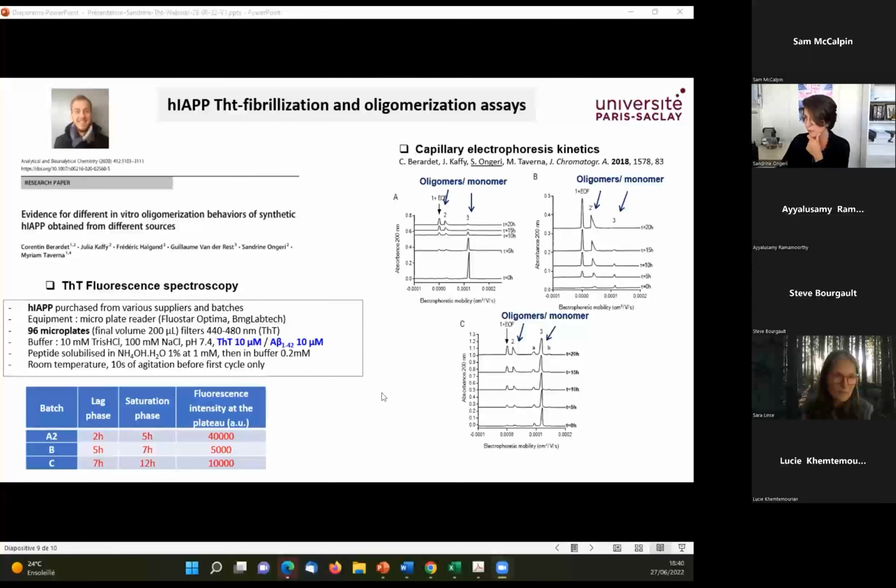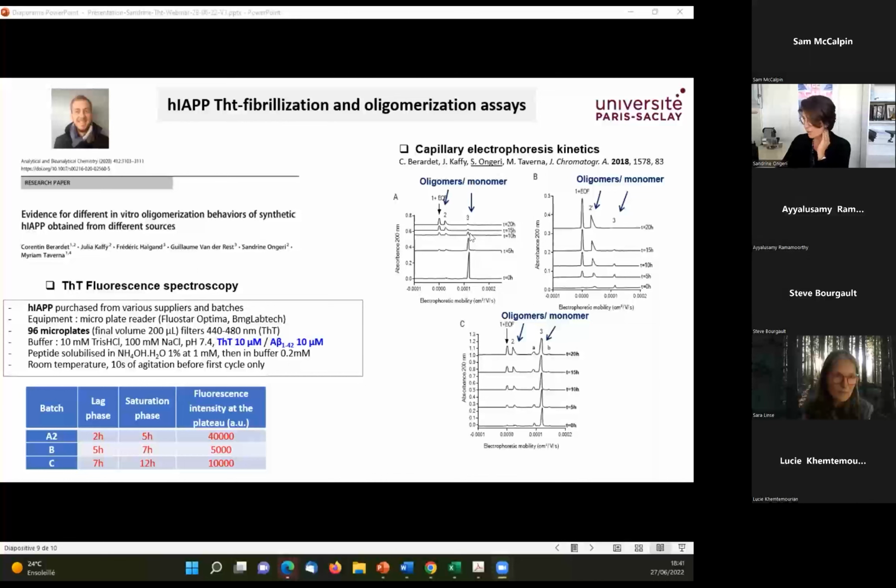And when we checked the oligomerization, so the early steps of the aggregation, by capillary electrophoresis, you can see here that we observe many differences between the 3 suppliers. Here you have the monomer species at T0, and it decreases a little bit.